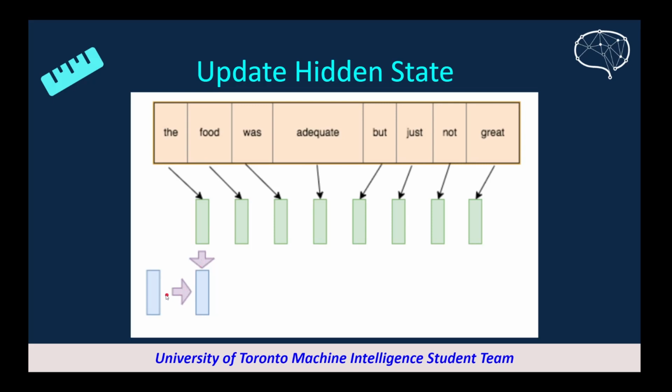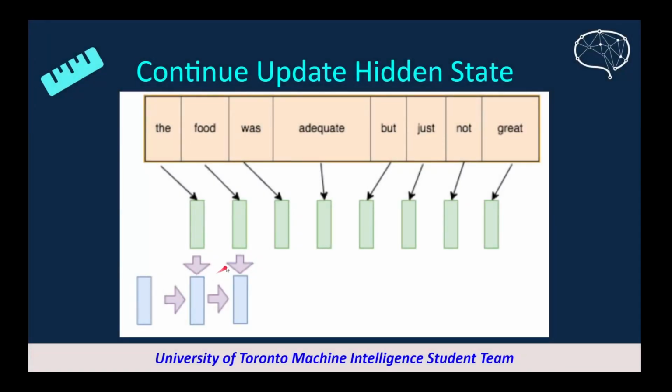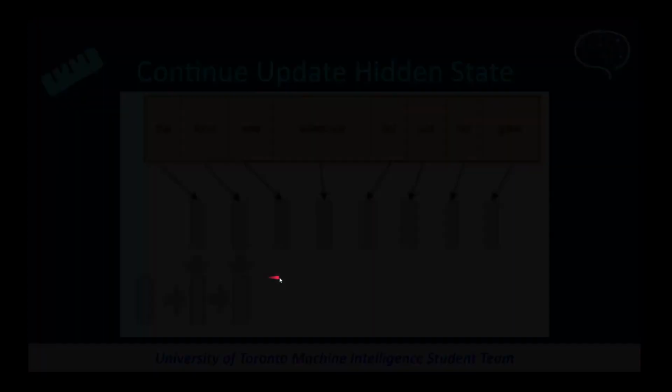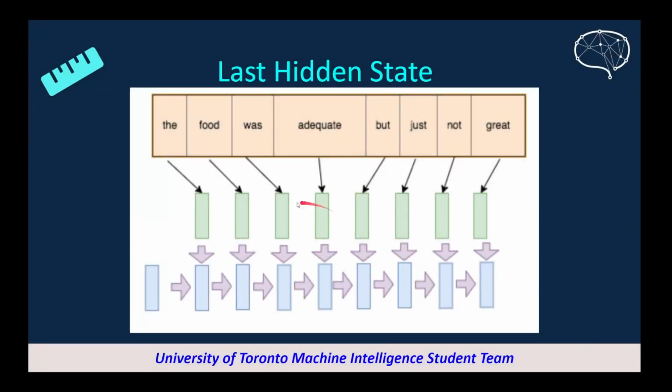So it not only takes the input from the previous state, it also takes new inputs. And it will continue to update the hidden states based on previous hidden states and the input. As we input all of the words in the next few iterations, it continues to update the hidden states until we run out of inputs.